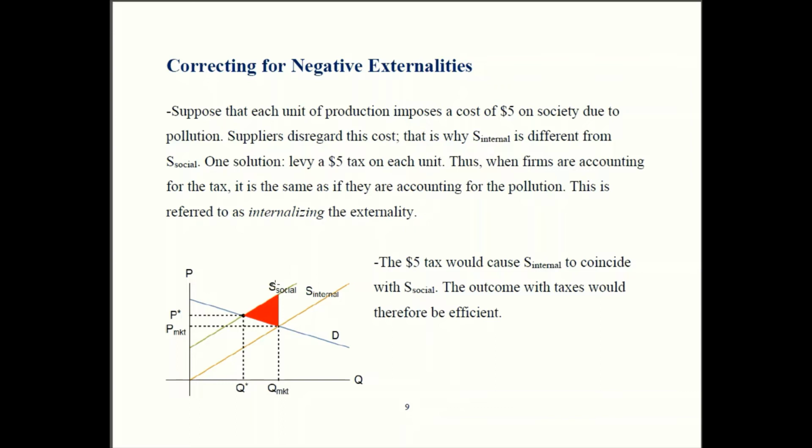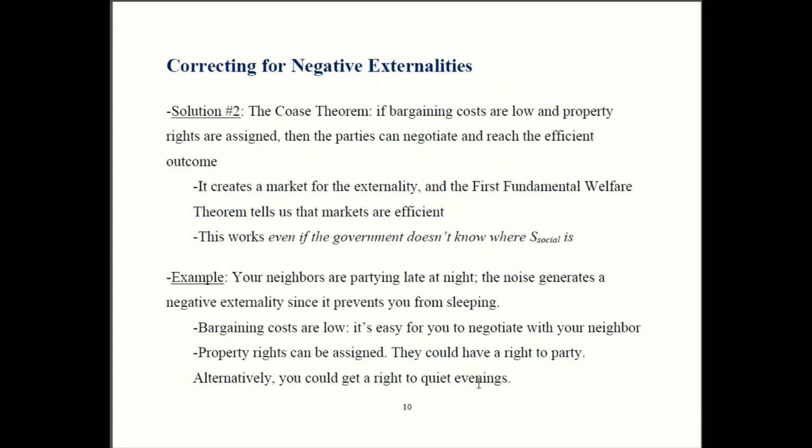Maybe not. The government might not actually know what the harm is from pollution and might not know what the right tax to set is. So making this work in practice is not quite as easy as I made it seem. The Coase theorem, though, doesn't require the government to be so omniscient.